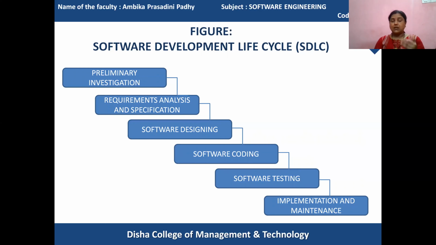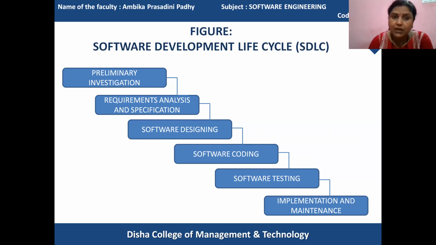In some cases, the stages recur, or become recycled, as per the product's requirement. The software development life cycle has these 6 stages of execution. What are the requirements of all these stages? Let us have a view on that.